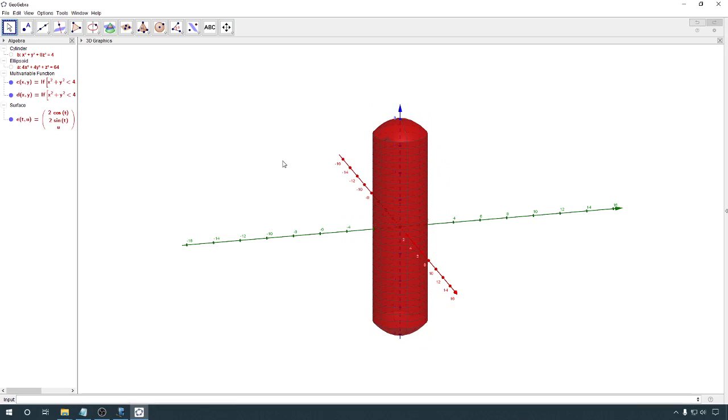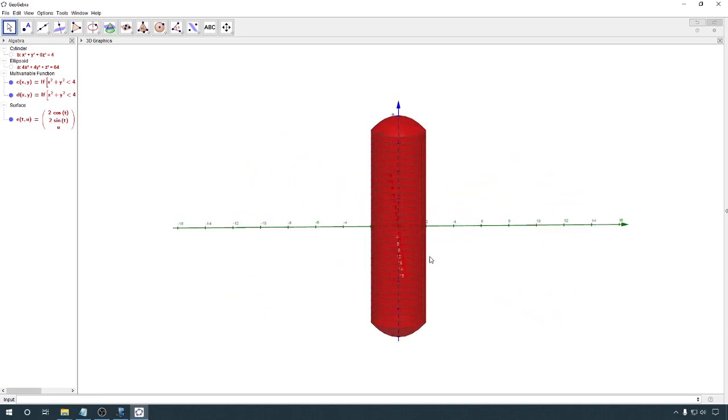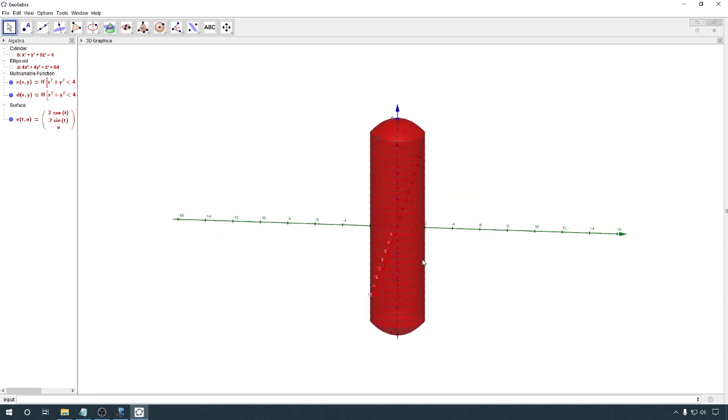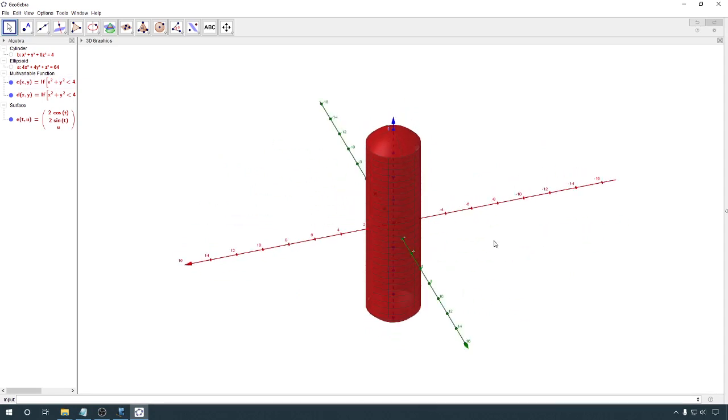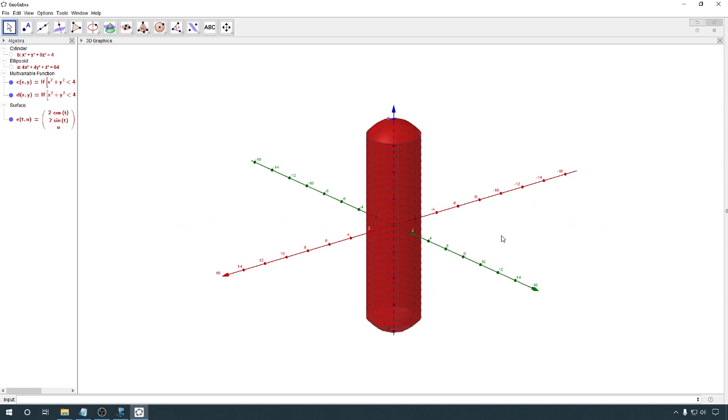By using a couple little techniques, I managed to cut out the portion of the ellipsoid that is on the top and bottom, and then look at the portion of the cylinder that's between those two pieces. Say we have kind of a, I don't know, we'll say it's a hot dog. And we're trying to find the volume that's inside that thing.